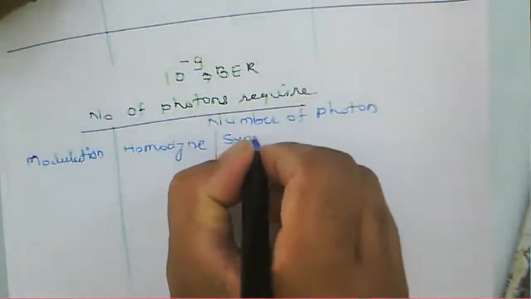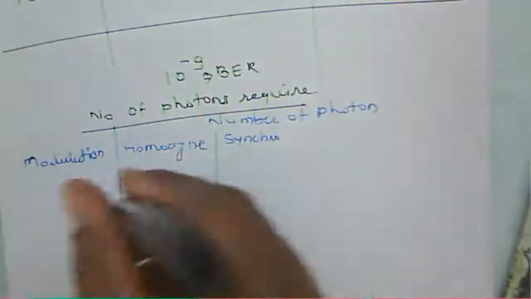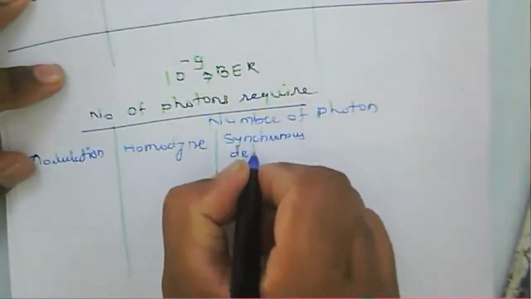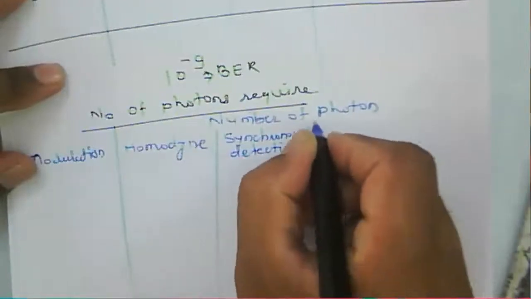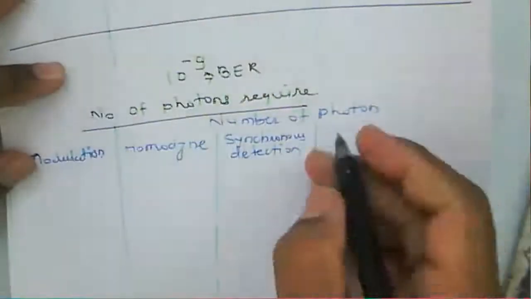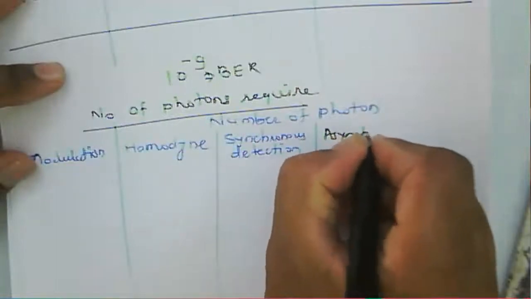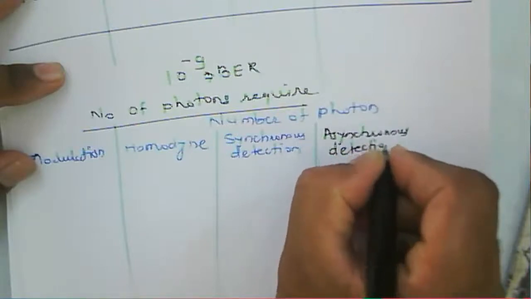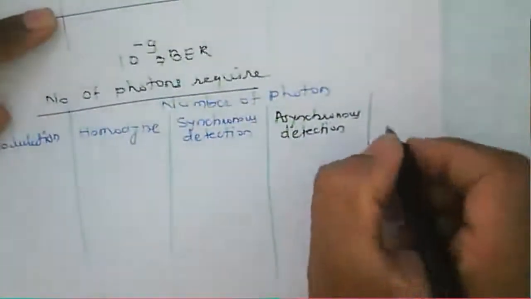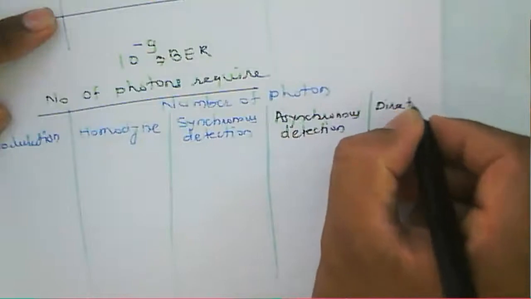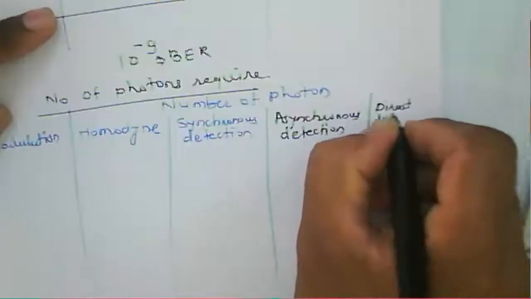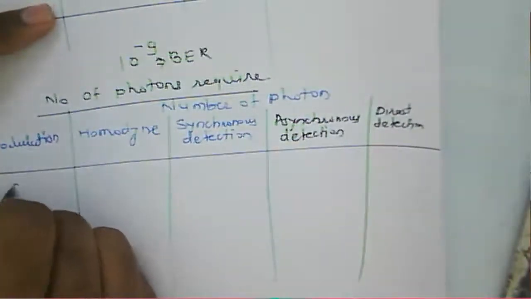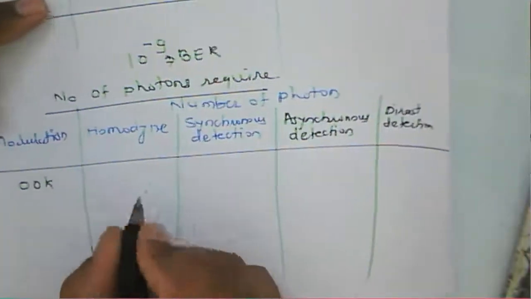Then we can say synchronous detection, asynchronous detection, and then the direct detection.